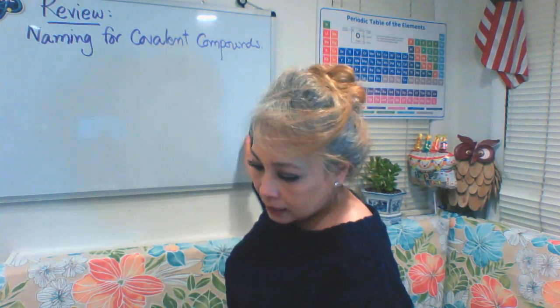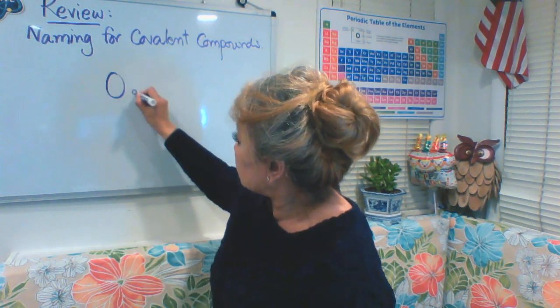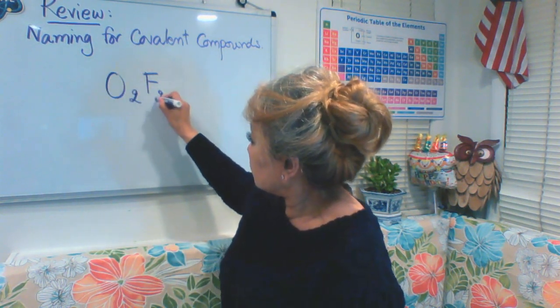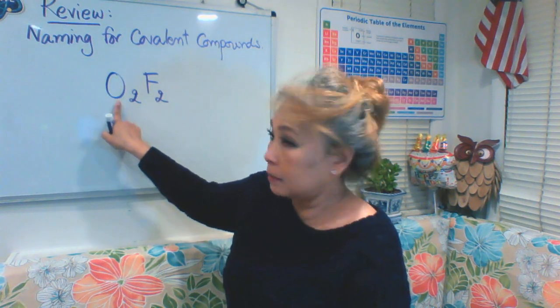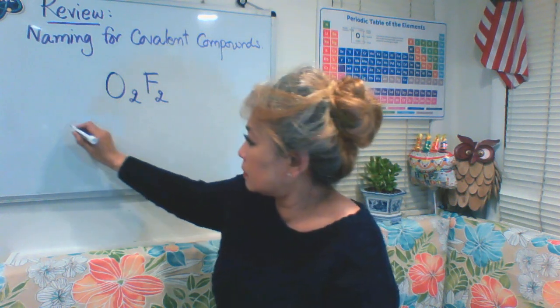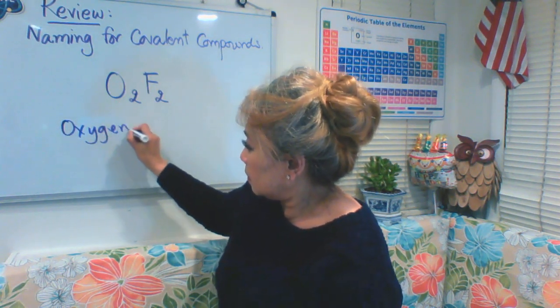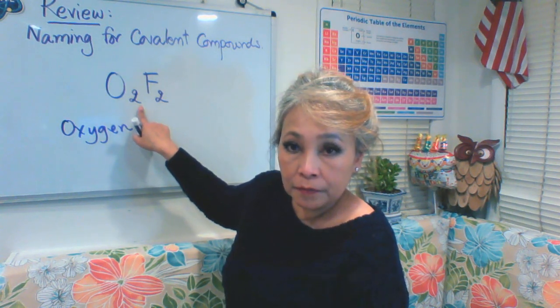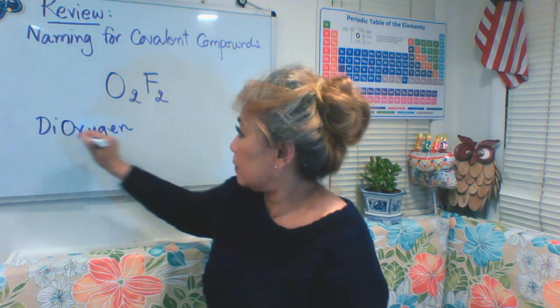Let's get the last one. O2F2. O. The first element is oxygen. How many atoms of O? 2. Put di.